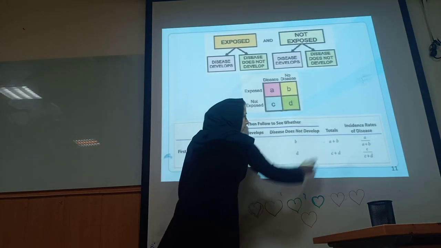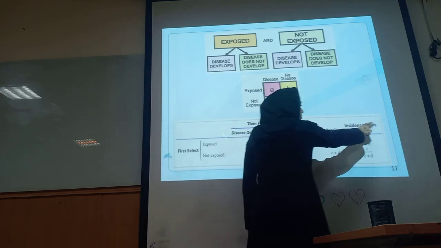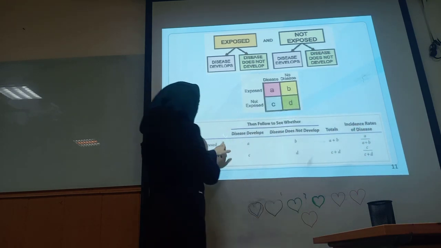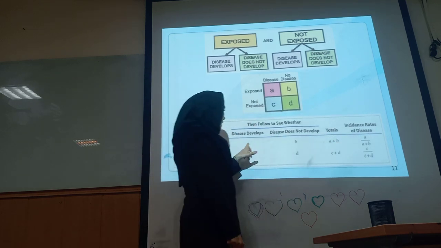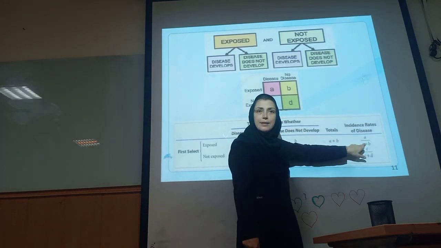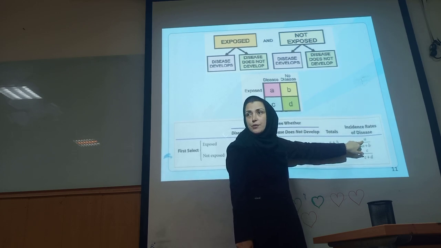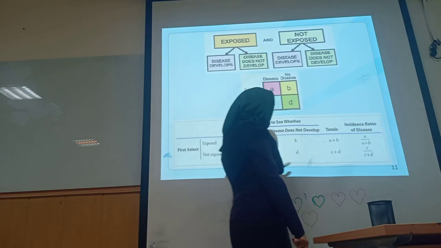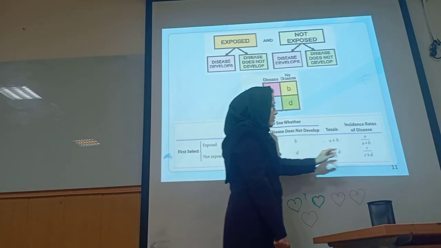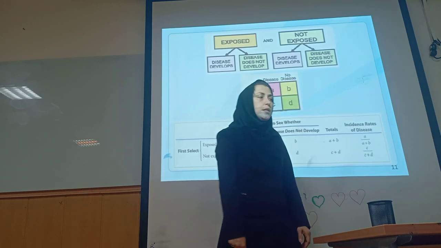C plus D. What is incidence rate of disease among exposed? A divided by A plus B. Cumulative incidence. It is a proportion. Do you remember? Incidence rate of disease among not exposed, C divided by C plus D.